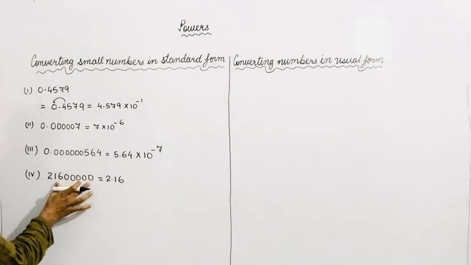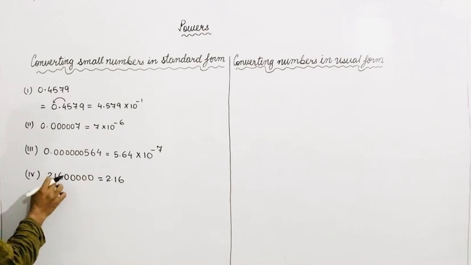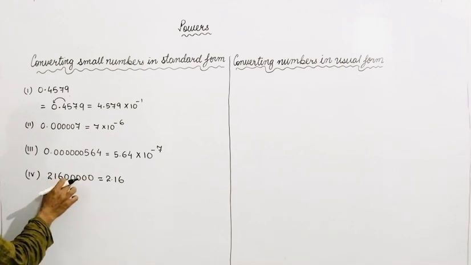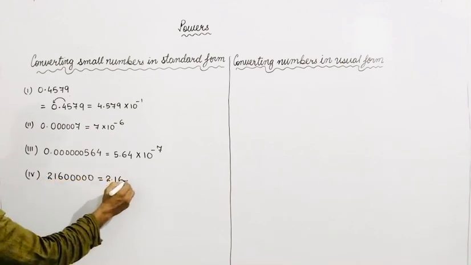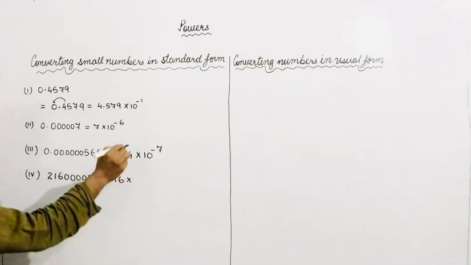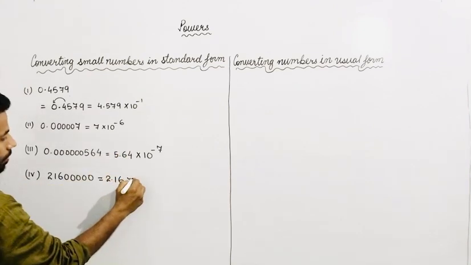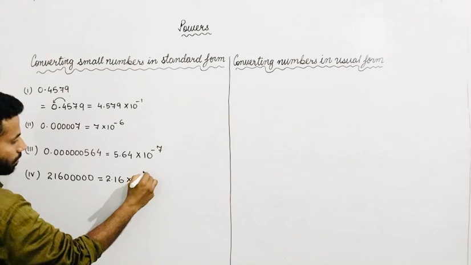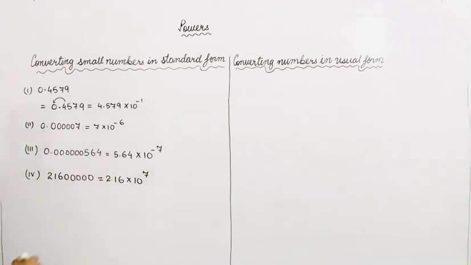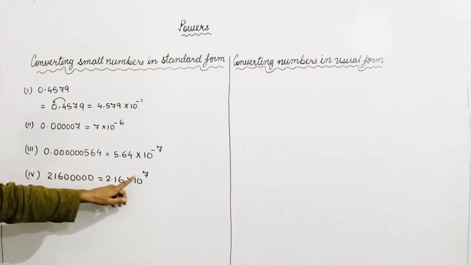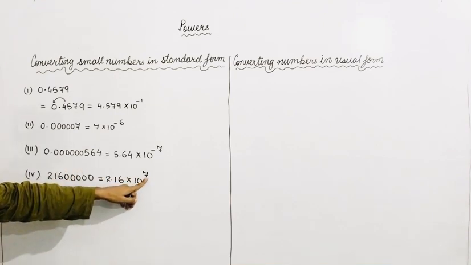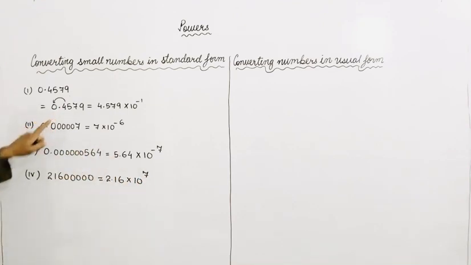Now how many numbers were there after 2? 1, 2, 3, 4, 5, 6. So you will write it as 10 to the power 6. Since there is no decimal, you will raise it to a positive power. Since there was a decimal, you raise it to a negative power.